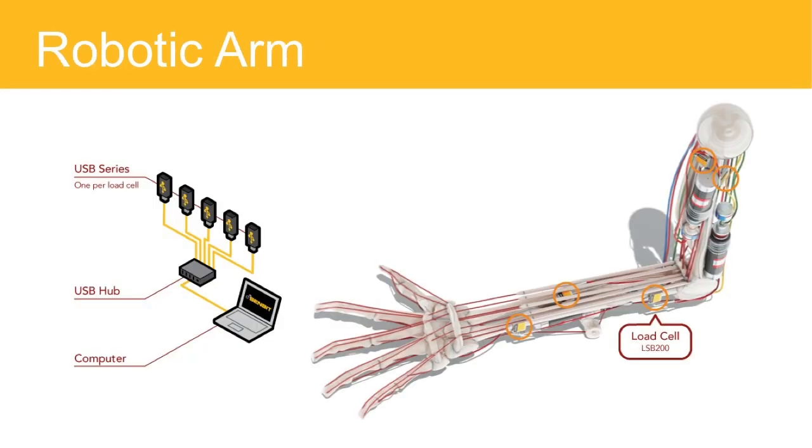In this next application, we're looking at feedback in humanoid robotic applications, or to keep it simple, a robotic arm. A couple applications fall into place. First one is a full robotic solution that was utilizing the LSB200 and providing full robotic capability.